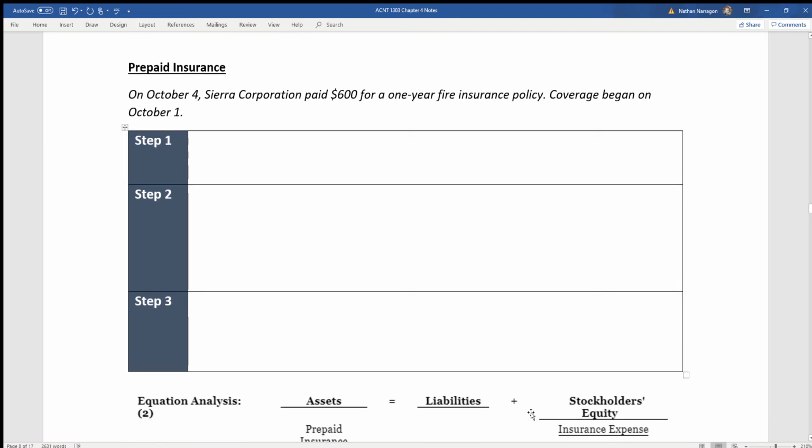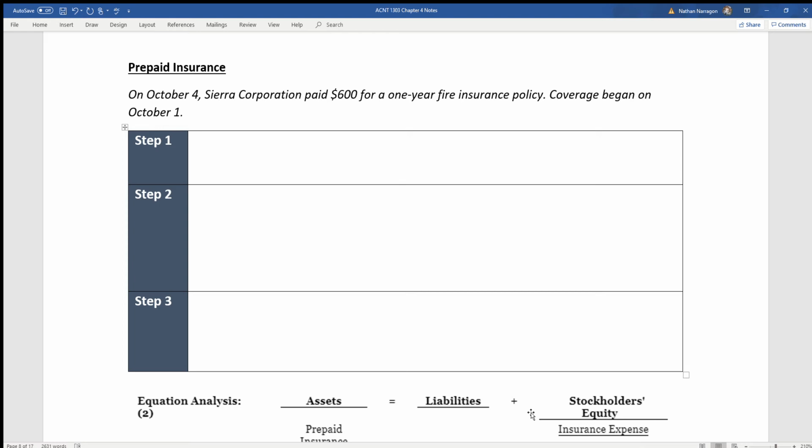Next, prepaid. Now, supplies is technically a prepaid. Again, we paid for a future benefit. Here, we're dealing with Sierra Corporation. They paid $600 cash for a 1-year fire insurance policy.